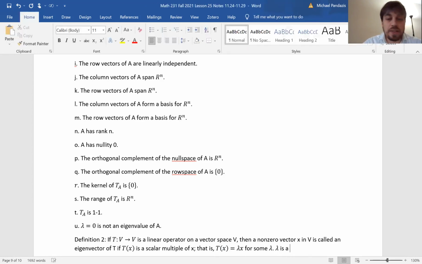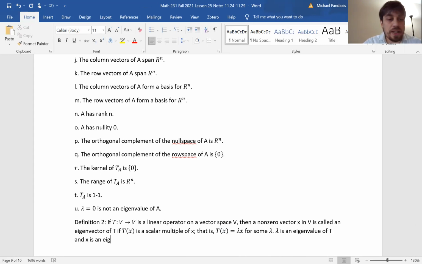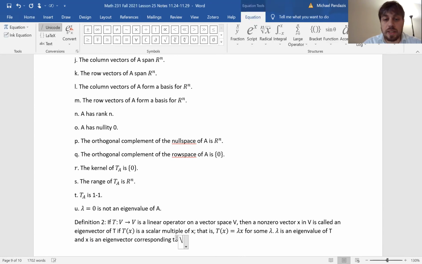Lambda is an eigenvalue of T, and X is an eigenvector corresponding to lambda.